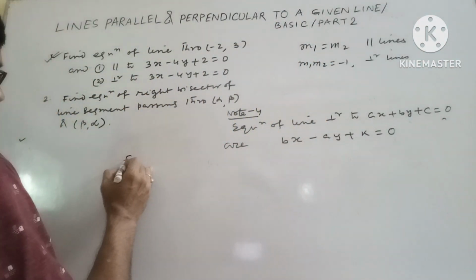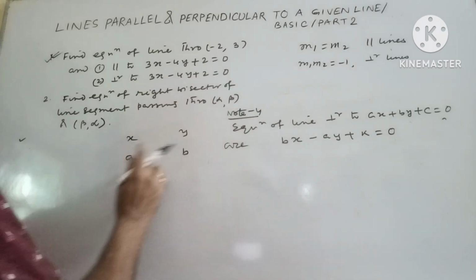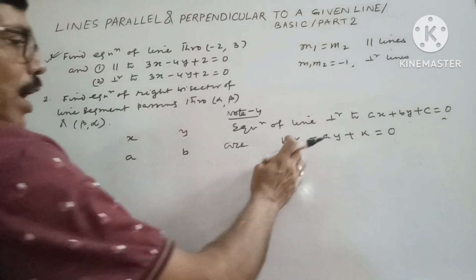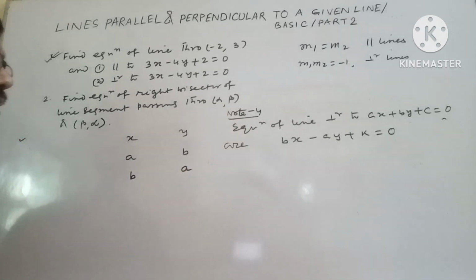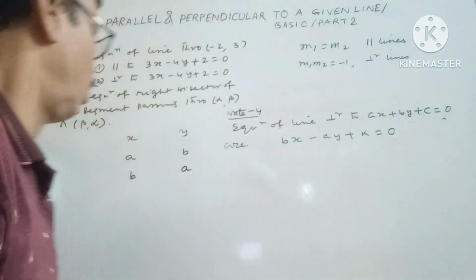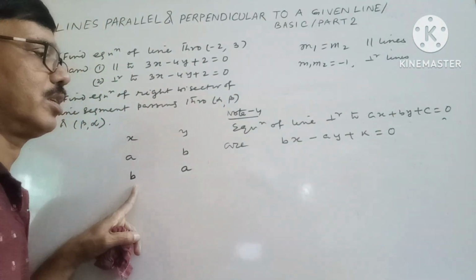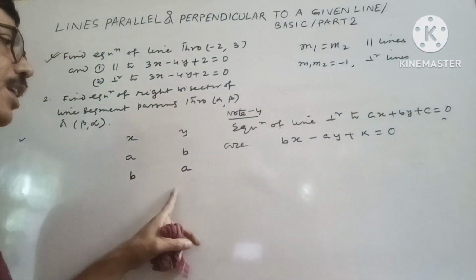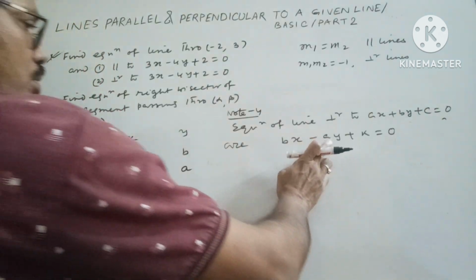So how to obtain perpendicular equations? Look, in the initial equation the coefficients are a and b, coefficient of x and y. Now, to find the perpendicular equation, you change the coefficients. So, coefficient of x will become coefficient of y. So, look, bx, then take a negative sign in the coefficient of y.